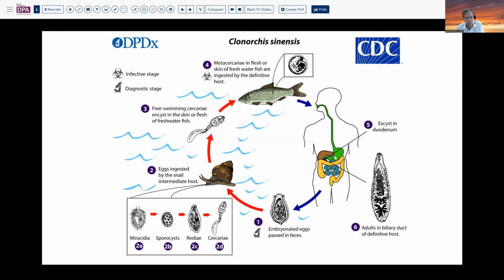Excystation occurs in the duodenum, and migration into whatever nearest bile-secreting source is the next consequence. And the reason they localize into the bile ducts is because these organisms thrive on the biliary salts and fats and other substances that are found in rich abundance in the bile.